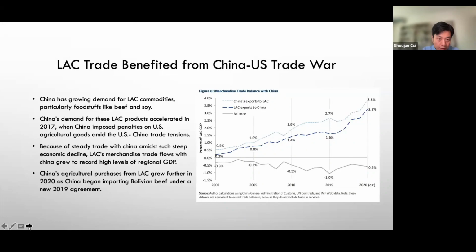In the meanwhile, China is increasing the importation of a lot of foodstuff, like shrimp from Ecuador. I bought it many times in Beijing. The very good shrimp. The label on it said it was imported from Ecuador.